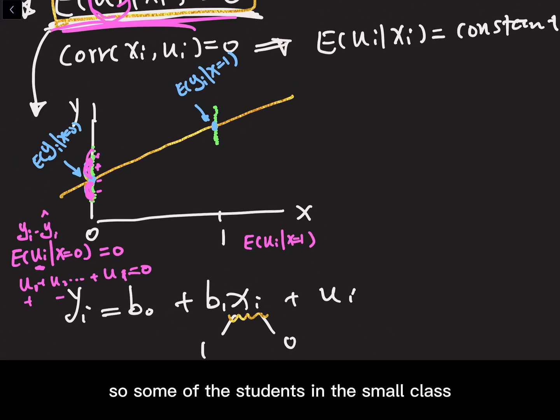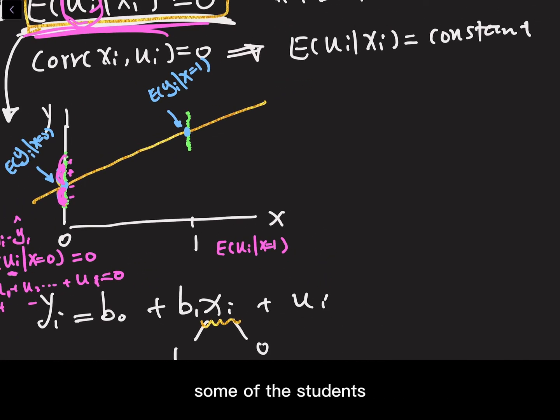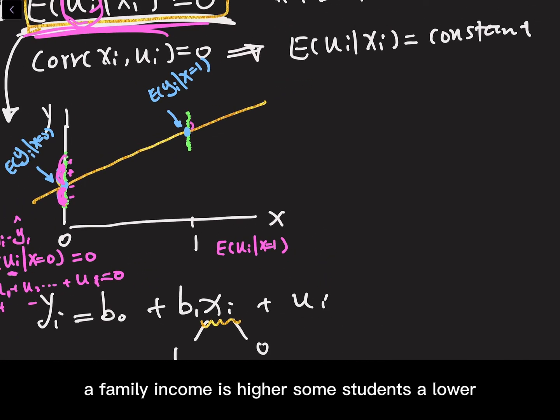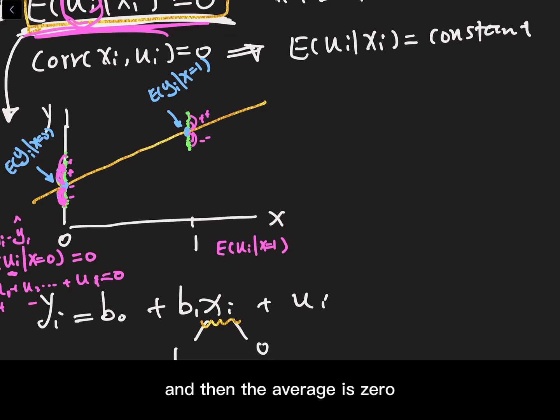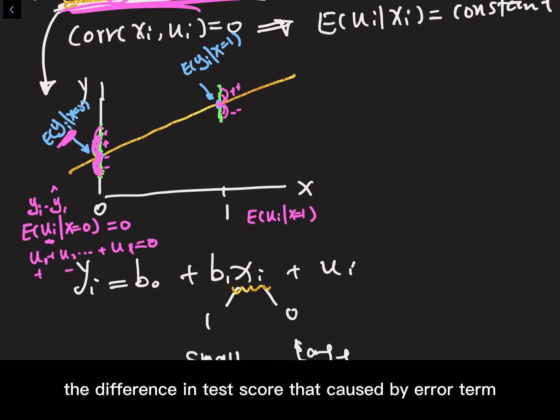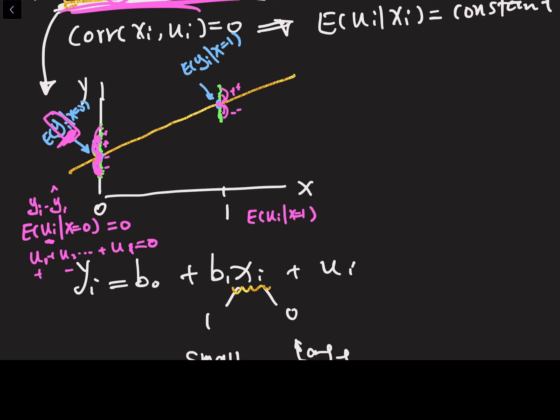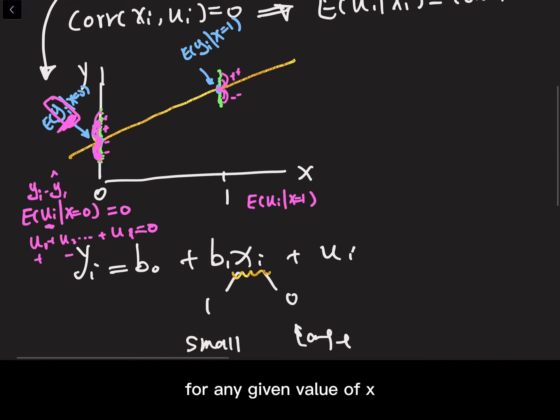Some students in the small class have higher family income, some lower, some errors positive, some negative, and the average is 0. If class size, whether x is 0 or 1, is randomly assigned, we can make sure there's no correlation between other determinants of y and x. The difference in test score caused by the error term has a mean of 0 for any given value of x.